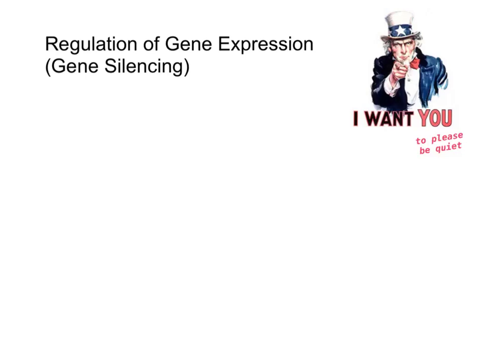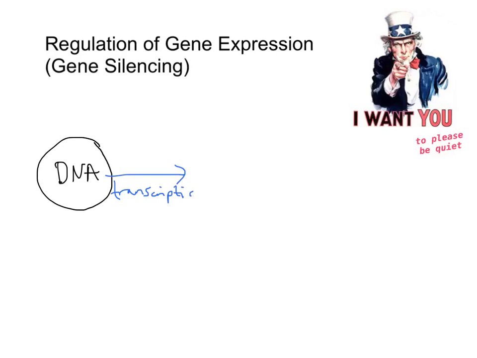So first of all, what we're going to do is put in a sequence of events, if you like. We're going to start with DNA. Here's some DNA in the cell. Now, after transcription, and I talk about transcription and translation in a separate video, we end up with some messenger RNA.